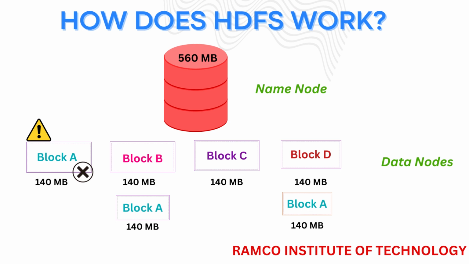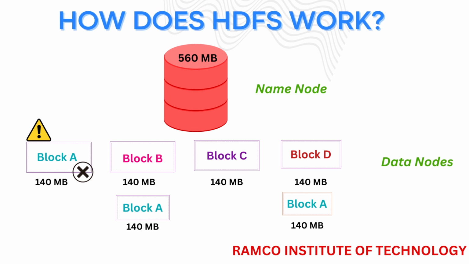If the name node realizes one data node is not working properly, do we lose that particular data? Definitely not, because it can immediately reassign that task to different data nodes containing the same block because of the feature called data replication.